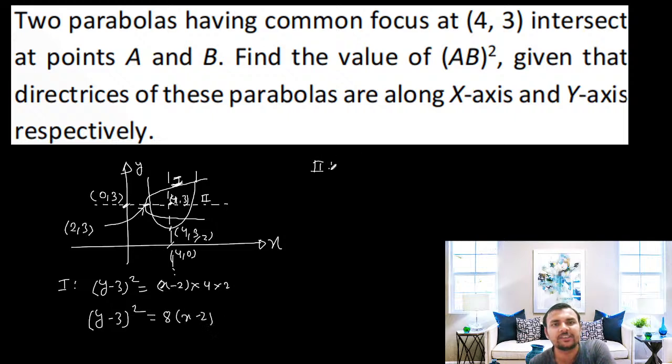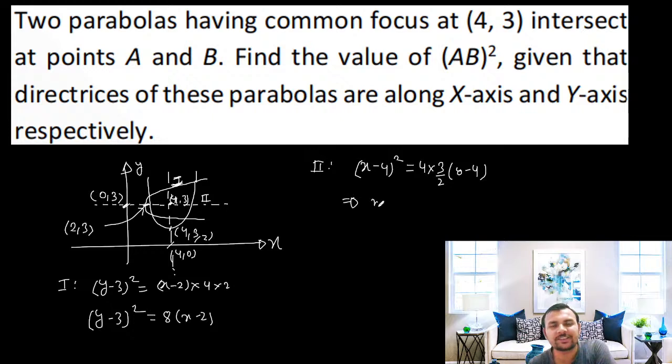From the second, if we see, it is (x - 4) whole square equal to 4a into y minus 4. 2a is 3, so a is 3 by 2.